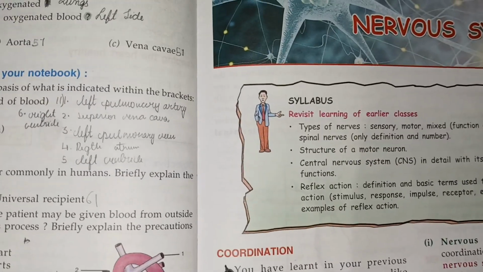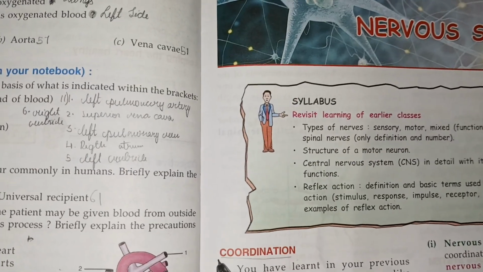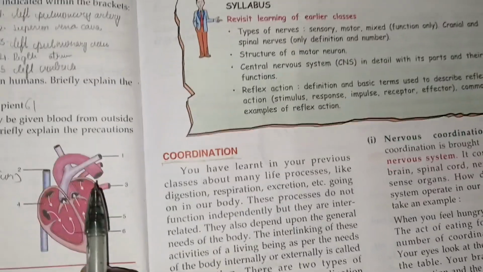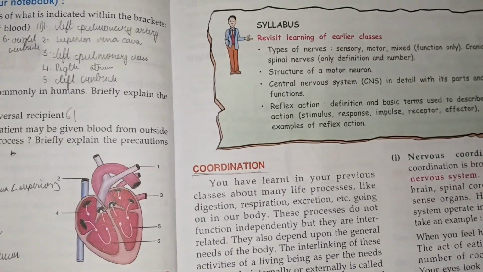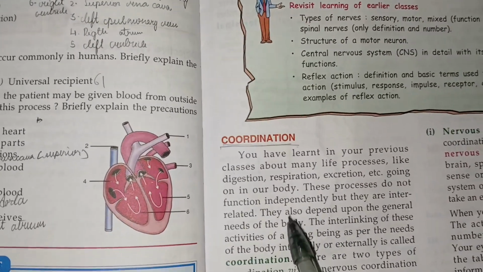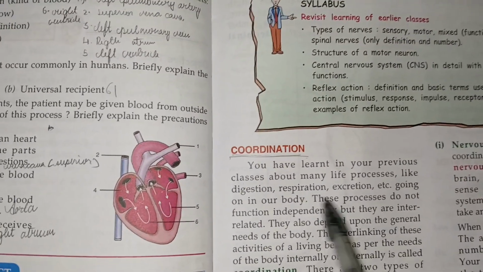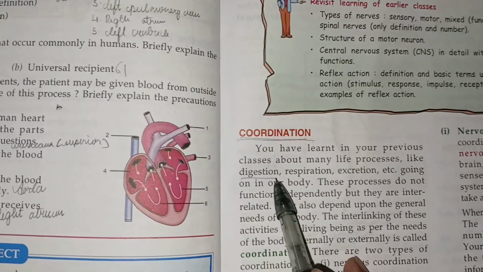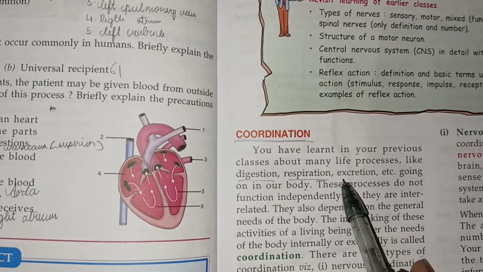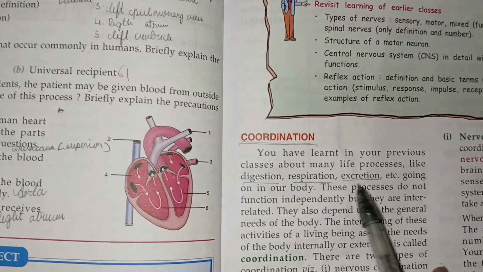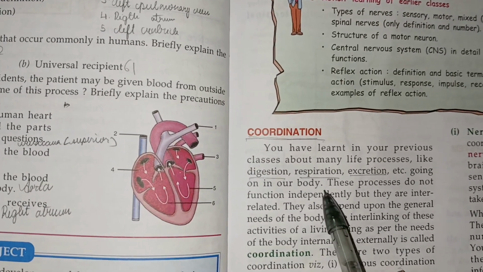Coordination. This is the word coordination. Coordination means what? So if we try to understand coordination in biology widely, here, let us recall the past life processes we learned: digestion, respiration, excretion. So these are the main life processes going on in our body.